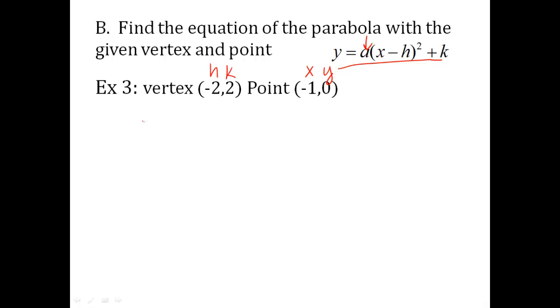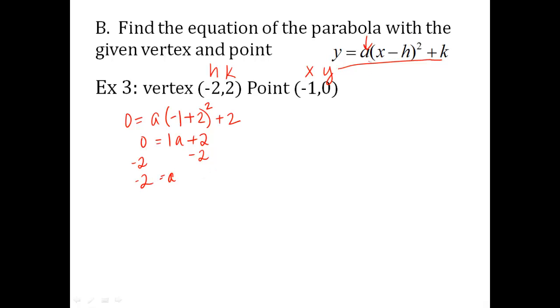So let's do this. Y is 0, so 0 equals a times (x, which is negative 1, minus h, so it's a plus 2) squared, plus k. Then I solve this. Negative 1 plus 2 is 1. 1 squared is 1. So 1a plus 2 equals 0. Solve for a: subtract 2 from both sides, so a equals negative 2.